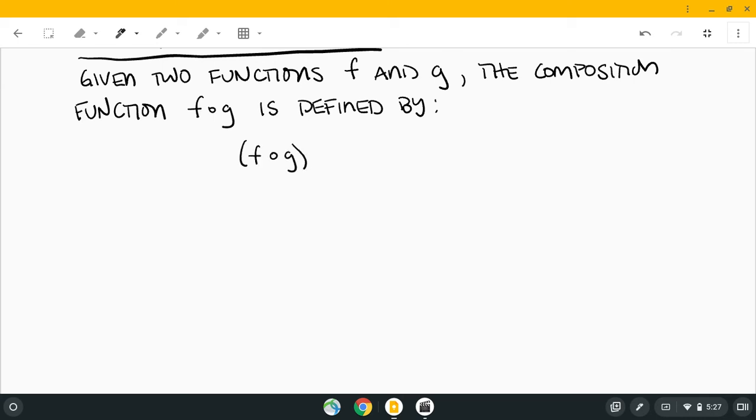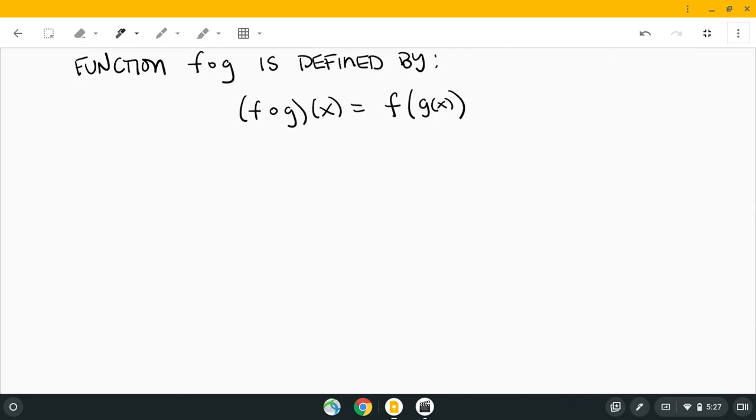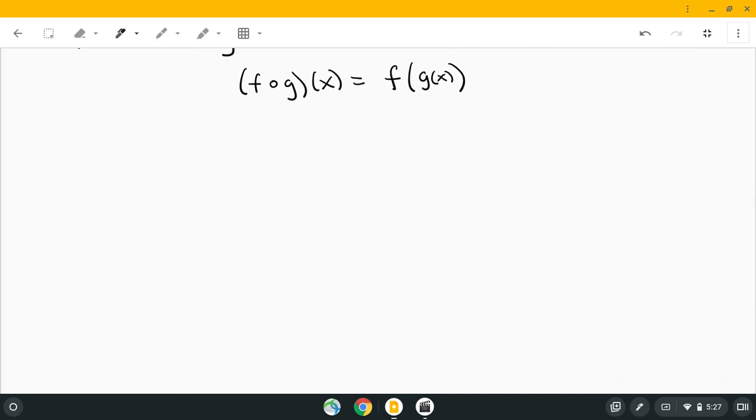So if you get f circle g, that essentially means f of g of x. So you would basically be evaluating f at g of x. So in other words, if you have some function f, the thing you replace the x with is going to be g of x. Okay? All right. If you're like, what? Just wait till I do an actual example and you'll see what I mean.